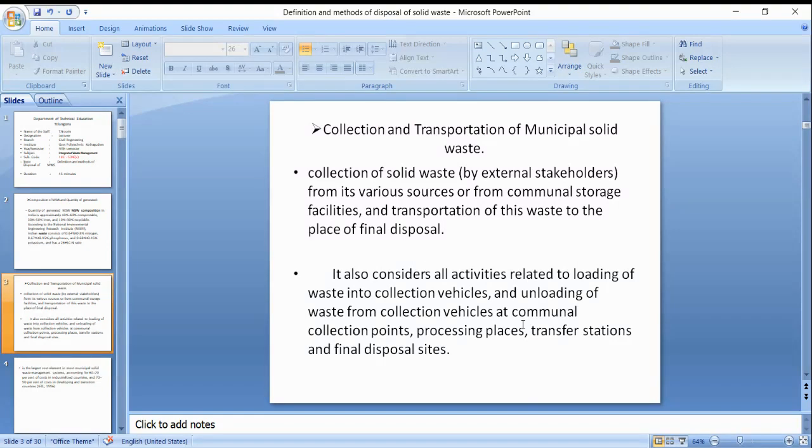By knowing the quantity, we can assume how to take that waste and how we have to transfer it. Collection means it should be stored at one place, and transferring means there should be some vehicle.